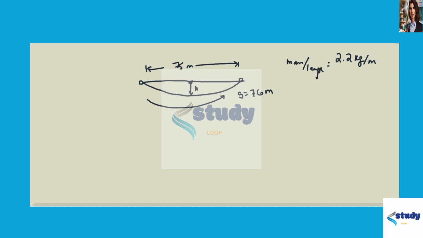So we have to find this h, the sag. In part A we will find the sag of the wire, and in part B we will look into finding the maximum tension in the wire. So this is the problem statement.